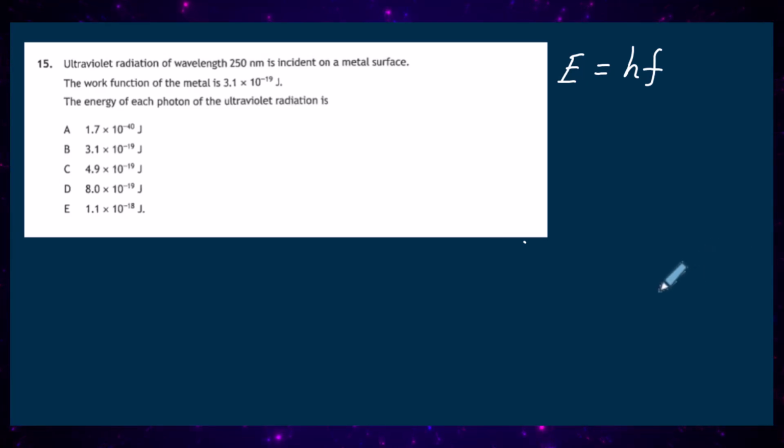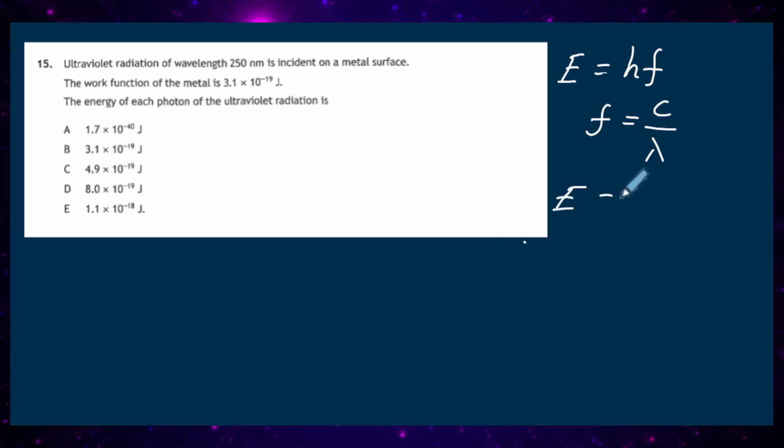Now we can change that to the sister equation, because we know that the frequency of the light is equal to the speed of light divided by the wavelength lambda. So we can change E to give the sister equation, h times c divided by lambda. Also a very useful equation to know. So to find the energy of a photon, if we know its wavelength, we just have to use this formula here.